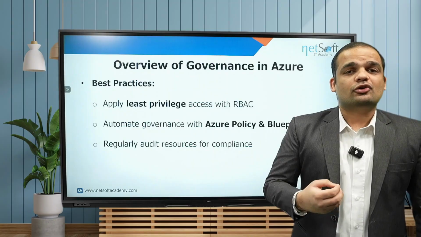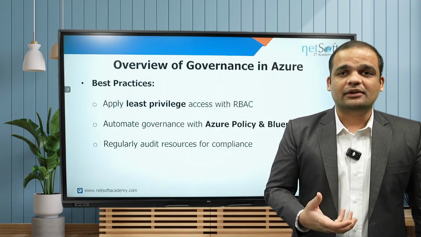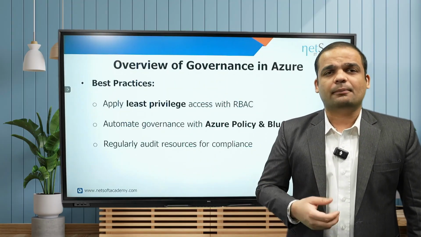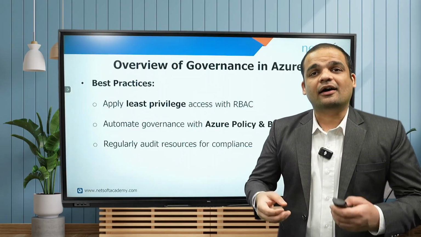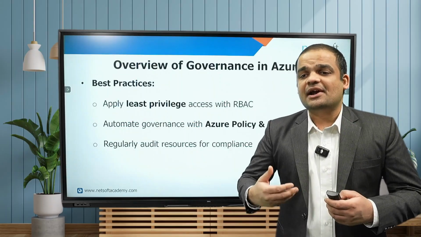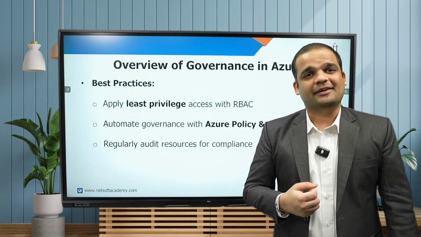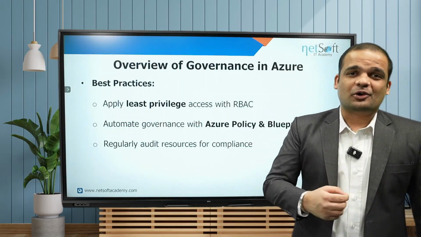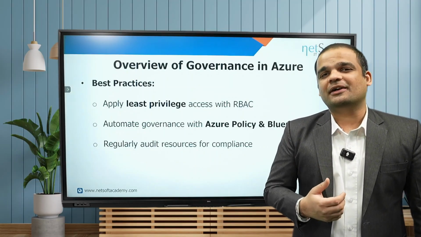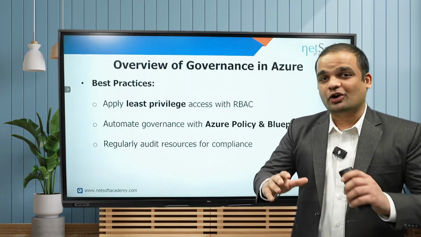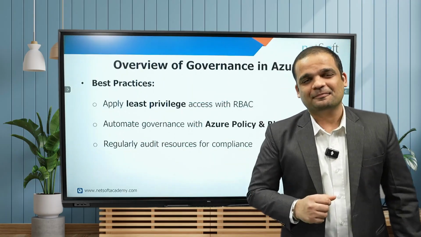You should also try to automate governance with Azure Policy or Blueprints. Why will you do that? You will get a consistent, standardized environment with that. And you should also regularly audit your resources to ensure ongoing compliance and alignment with your governance policies.